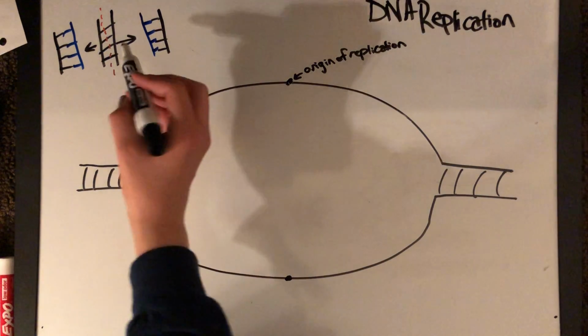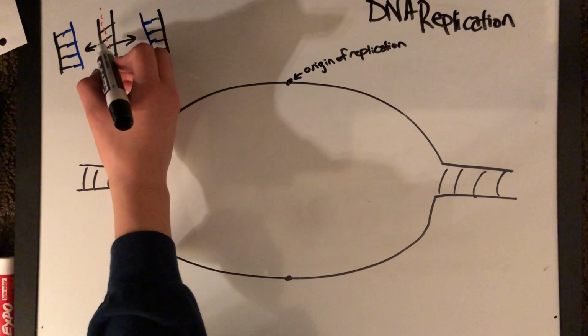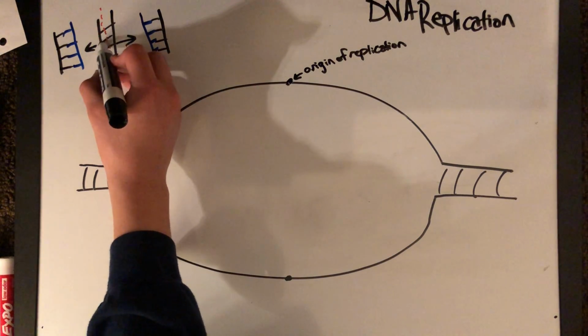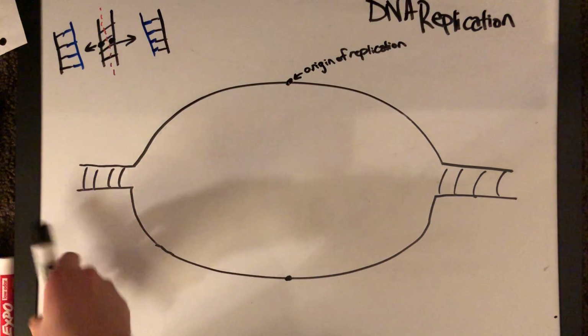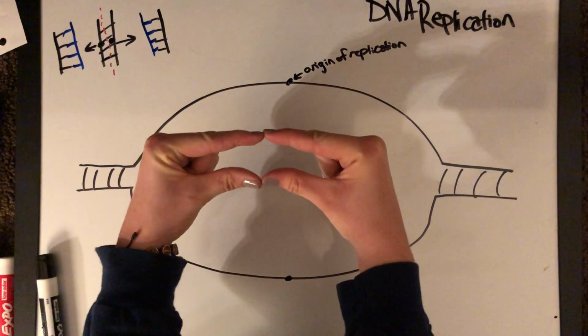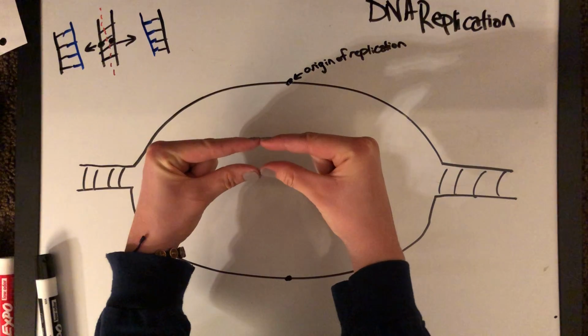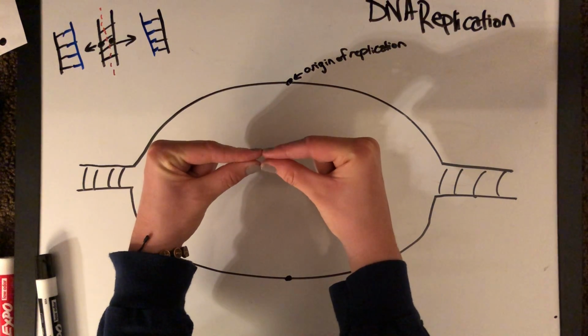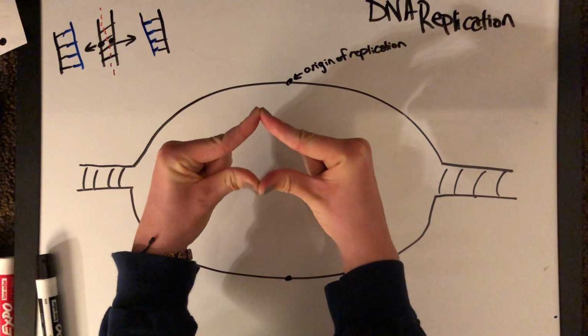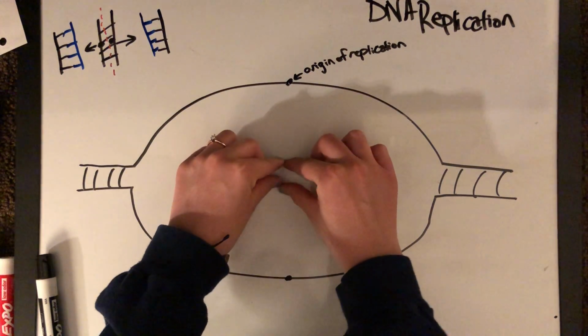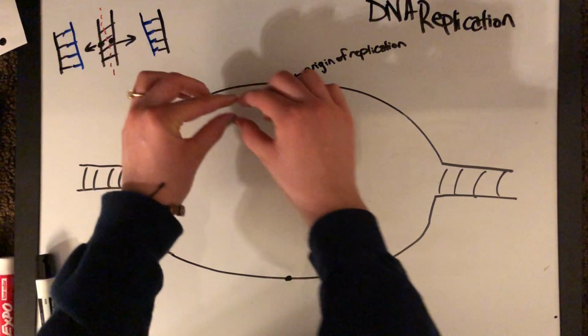So if we were to look at this, we're starting right in the middle here. So if we have, picture my fingers as DNA. So we are starting in the middle, and then the bubble is forming from the middle. So we start in the middle and we're going out.